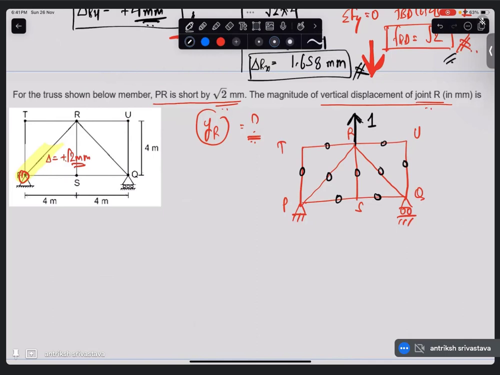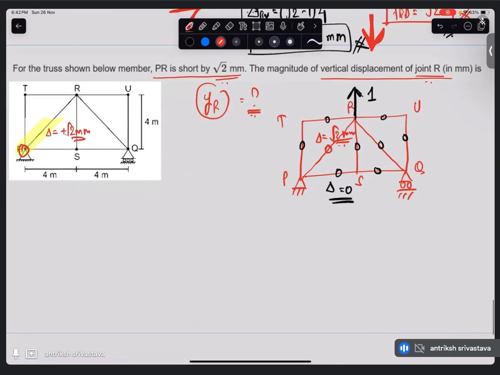Because delta of all these members is 0. Only delta for this member is known to us, that is root 2 mm. Okay, I think you understand this.